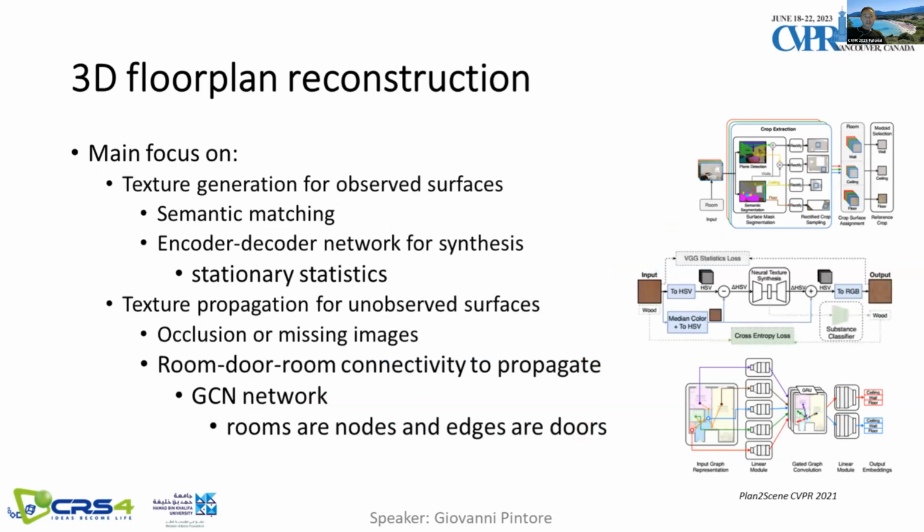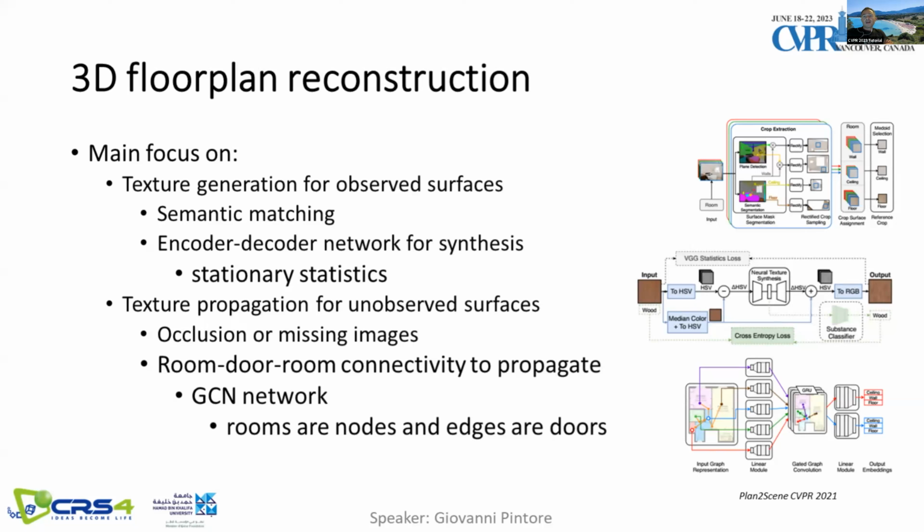In the example here, a 3D floor plan reconstruction, we assume that the 3D floor plan and the images are already aligned. So it's not important if they are sparse or dense, they are aligned with the previous methods we have seen. And here the first step is to generate textures for the observed surfaces, I mean the parts of the image that are visible.